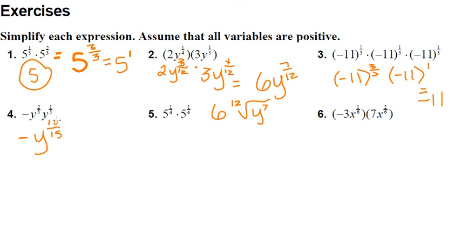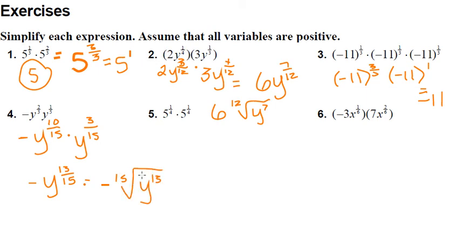So this is going to be 10/15 times y to the 3/15. So this is actually going to give us negative y to the 13/15. And that is equivalent to negative the 15th root of y to the power of 13. So again, pretty ridiculous answer, but it is what it is.